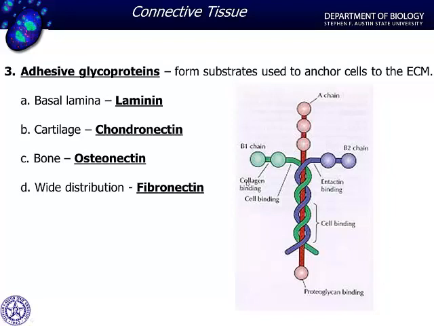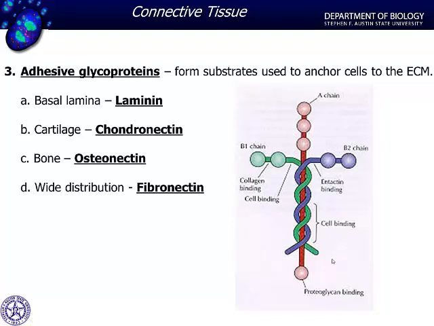We can see that we have a collagen binding site, we have a proteoglycan binding site, entactin is another glycoprotein in the basal lamina. We have all these binding sites that anchor to the collagens and the extracellular matrix molecules, but then we also have a cell binding domain. This is where the integrin on the cell surface can grab laminin. It's anchored into the extracellular matrix, and so that is how we have the cell adhesive function of molecules such as laminin.